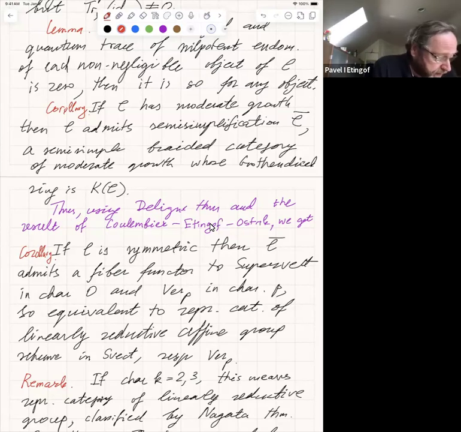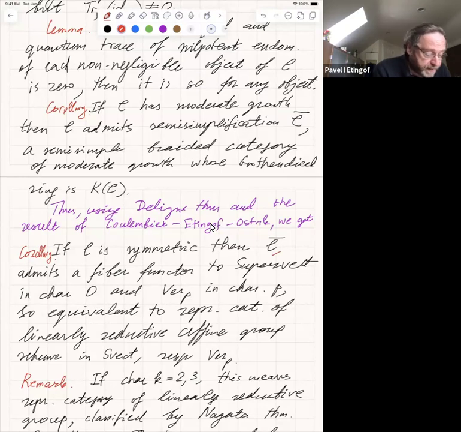So we have a corollary that if C is a symmetric category, then the semi-simplification C bar admits a fiber functor to supervector spaces in characteristic 0 and to the Verlinde category Ver_p in characteristic p.